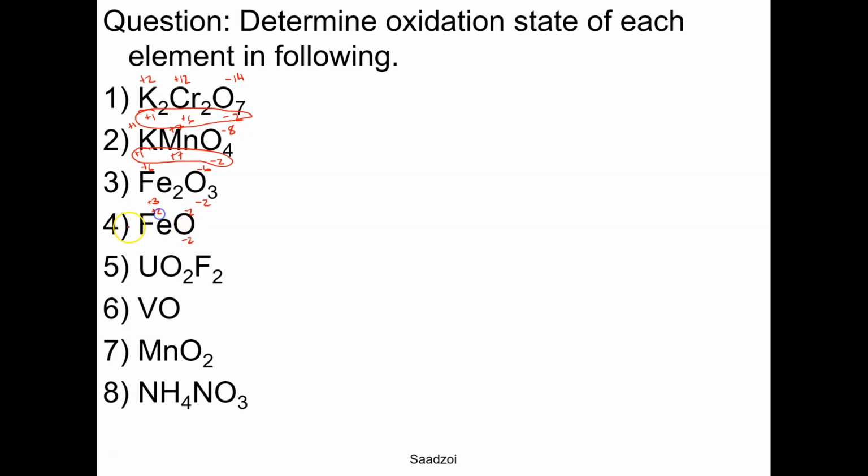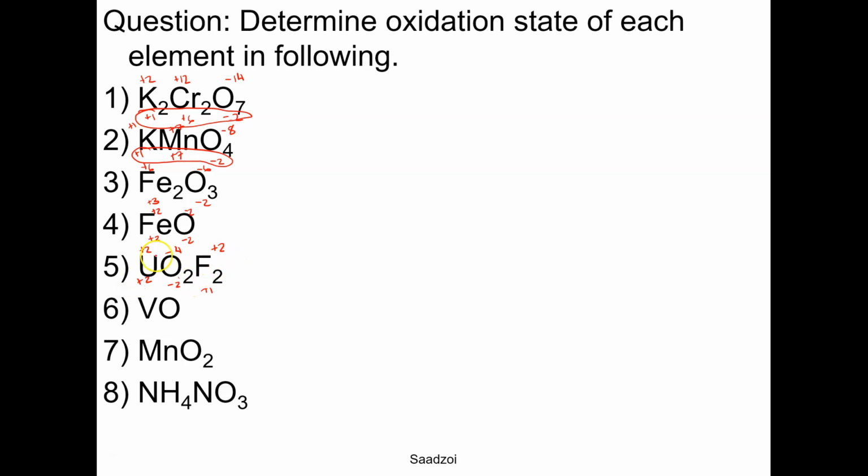Fe has to be a +2. When there's 2 elements, you can figure out the charge of the cation pretty quickly. So this is +2, so those are my 2 charges, +2 and -2. H, remember, is always a +1, according to the rules, so this is +2. O is a -2 times 2, so -4. So to make this whole compound 0, this has to be a +2.